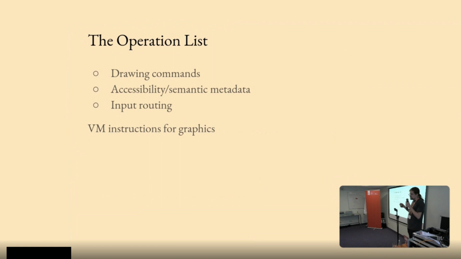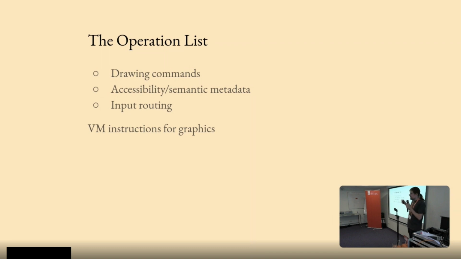But you can also say, the area of the screen I'm working with is a button, or it is text that says whatever, or it accepts keyboard or touch or pointer input. And all of that is encapsulated in operations.